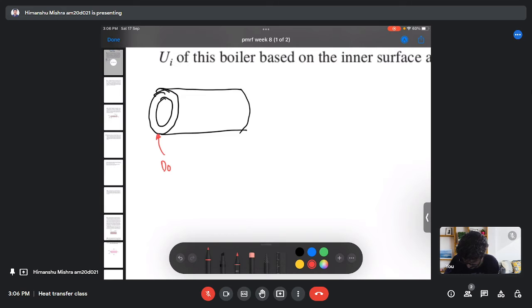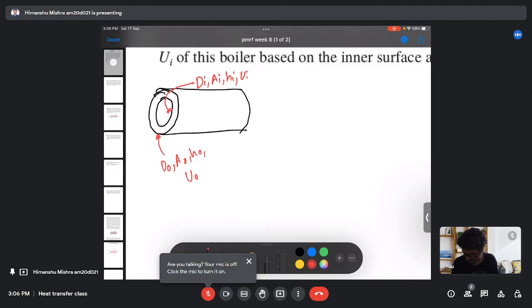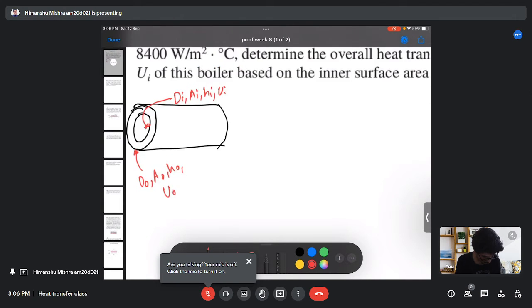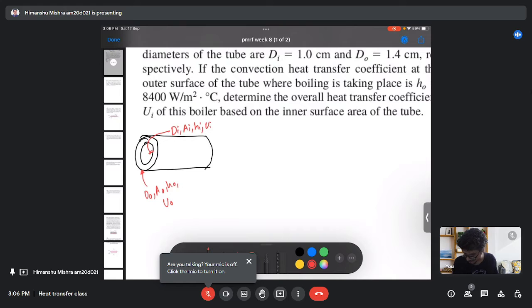These are some of my outer parameters, and these are my internal parameters. And we need to determine the overall heat transfer coefficient, which is U_i.